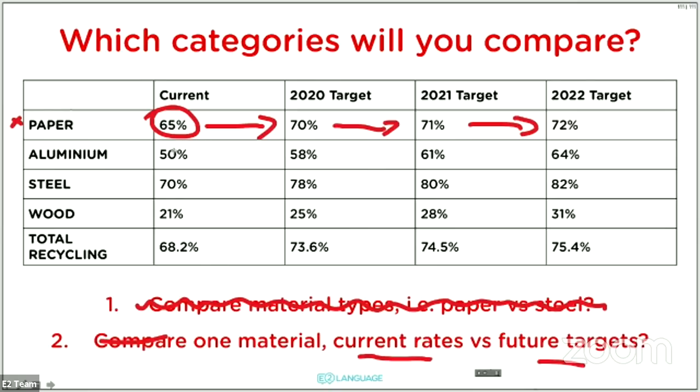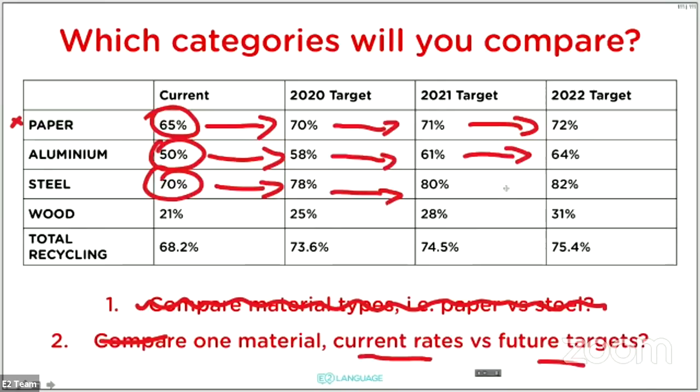In my next sentence, I'm going to talk about aluminium, which is predicted to increase by 8%. Recycling rates will increase by 8%, and thereafter, they will increase by 3% each year. Then I'll talk about steel, and I'll say the same thing. It's also predicted to increase by 8% by 2020. Then it will increase by 2% year on year to 2022. You can see that this is a much easier way to compare.